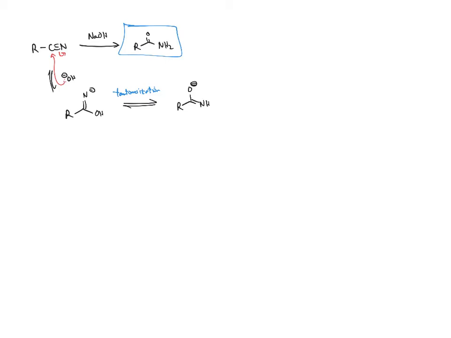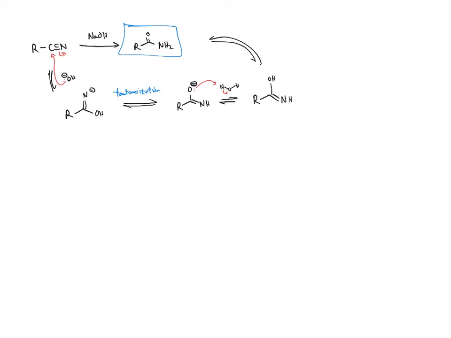And then this is going to give us the final product, in which we have what's known as an imidate. And so we can protonate off of water, right, to give us this species. And then that species will end up tautomerizing to give us the product.